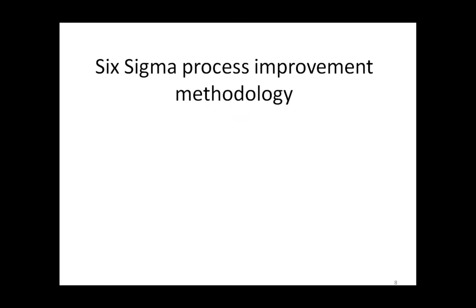So now we will shift gears and move to the next connotation of Six Sigma. As we discussed in the initial slide, we said Six Sigma is known as a metric. We have talked about it. We'll spend some time now talking about the Six Sigma process improvement methodology.